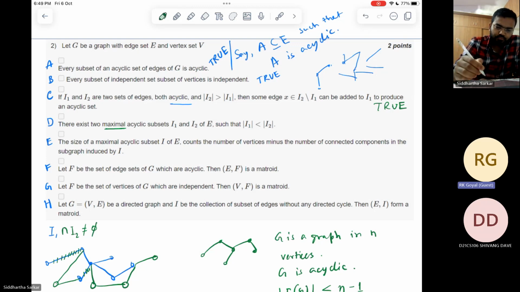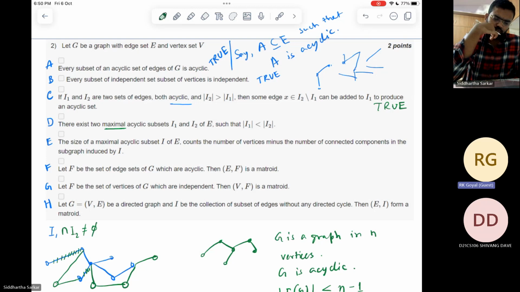This is true because we assume there are n vertices in I1, so there could be maximum n minus 1 edges. And let us consider m vertices in I2, so there would be at most m minus 1 edges. If we take the sum, then the number of edges comes out to be n plus m minus 2 if both are acyclic.